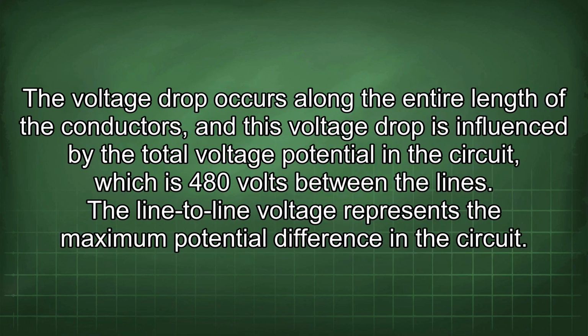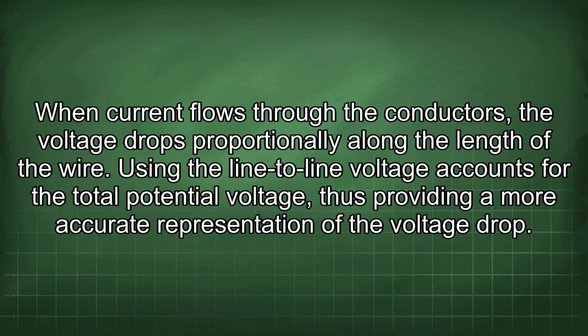The voltage drop occurs along the entire length of the conductors, and this voltage drop is influenced by the total voltage potential in the circuit, which is 480 volts between the lines. The line-to-line voltage represents the maximum potential difference in the circuit. When current flows through the conductors, the voltage drops proportionally along the length of the wire. Using the line-to-line voltage accounts for the total potential voltage, thus providing a more accurate representation of the voltage drop.